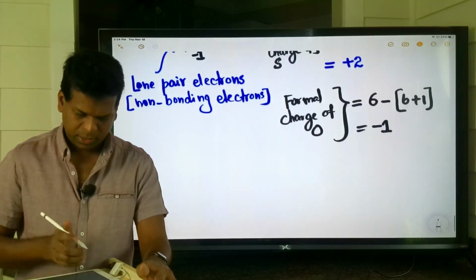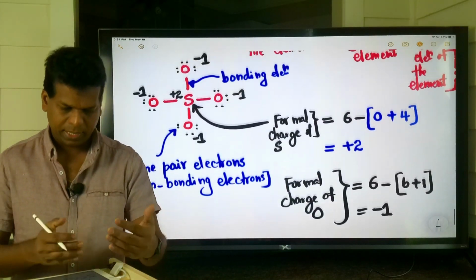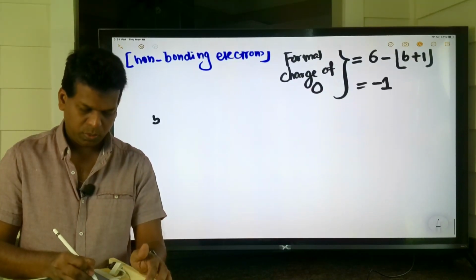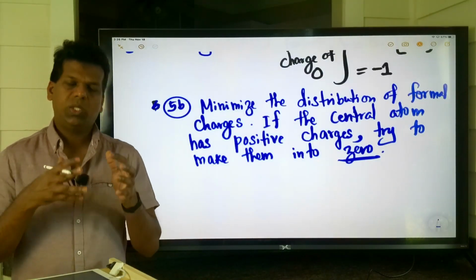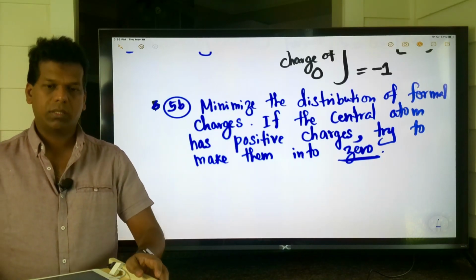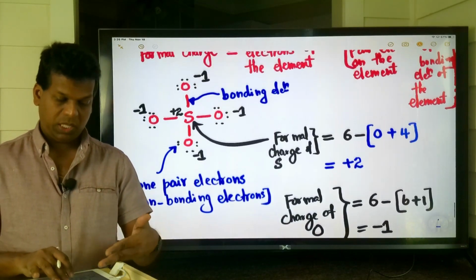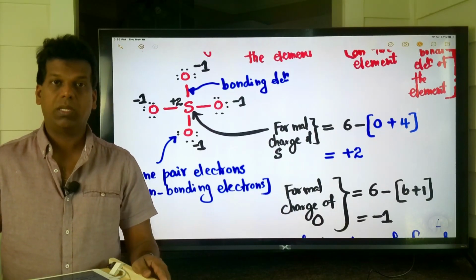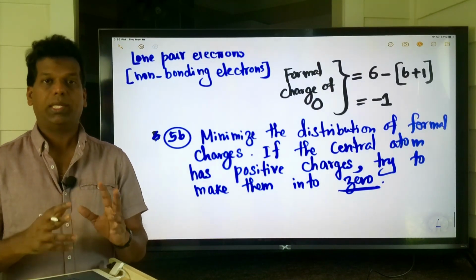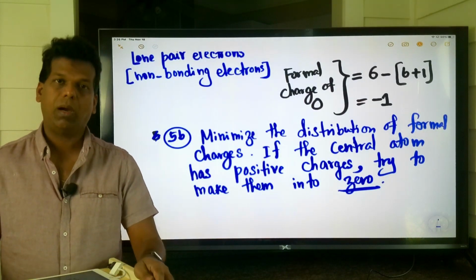So let me write it in this way. This is the extension of number 5, let's say it is 5b. Molecules like to have minimum distribution of formal charges. In this one we have 4 negatives and 1 positive. The central atoms don't like to have a positive formal charge.